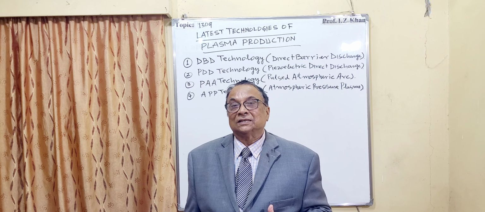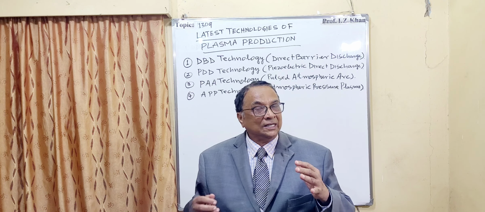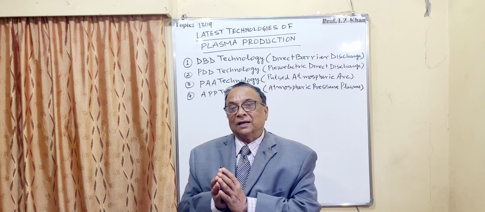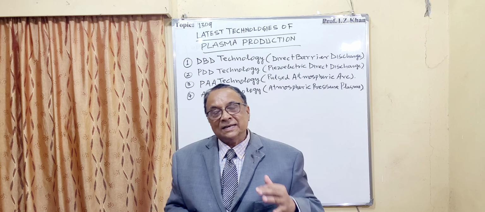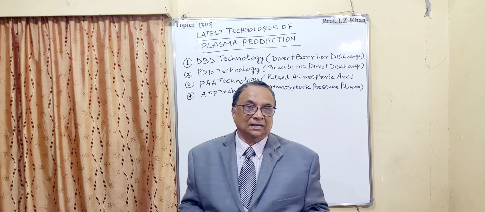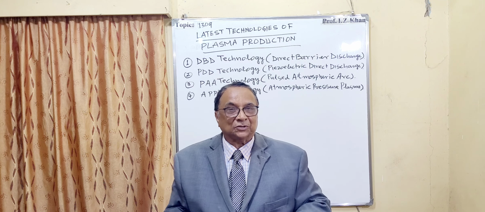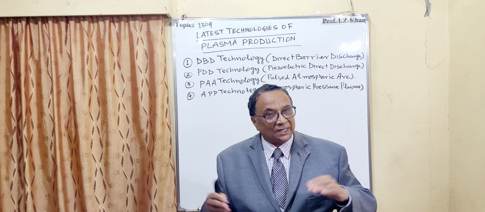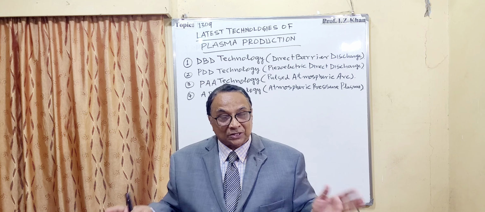First, let me discuss these four methods, and in these methods, by any means, in the gaseous form they apply discharge energy, either in atmospheric air or some other gas.